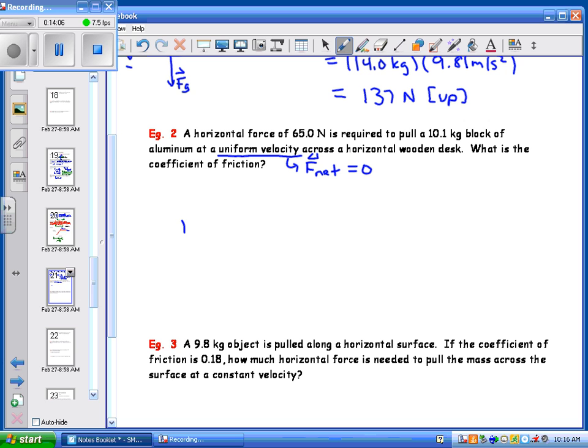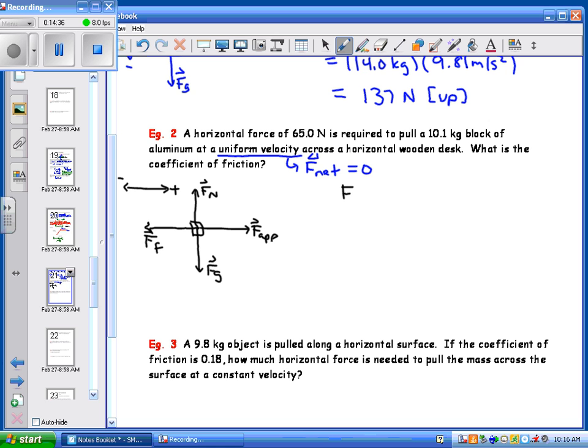So when we draw our free body diagram, we have Fg acting down, Fn acting up, applied force forward, and if there is no net force, then that means that the force of friction acting backwards is exactly equal to the applied force.